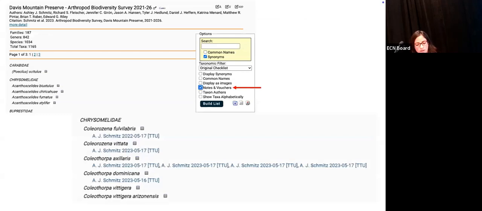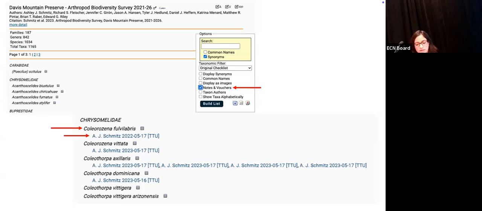And you can see that our species of interest is listed there. And in blue, you can see the partial information of the specimen that is associated with that species. So you can track back and forth which specimens are associated with the checklist. And you can see all the records that have been recorded for that particular species.